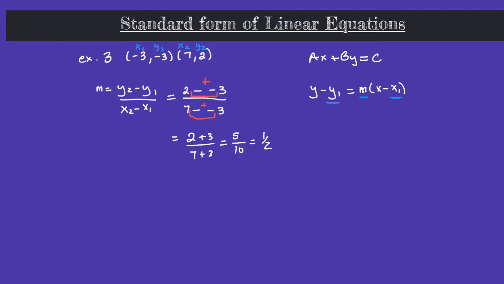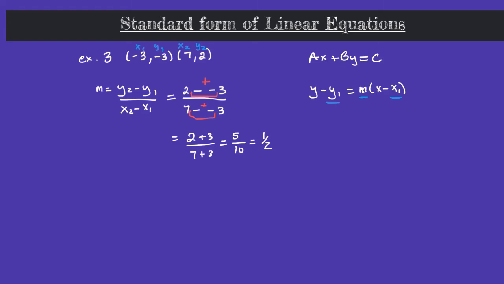Now let's take a look at our point slope form one more time. We know what m is, it is 1/2, and now we need to substitute x1 and our y1. Well, when we were finding the slope, we had to label our points x1, y1, x2, y2. So simply use the point that you've labeled using those notations, x1 and y1.